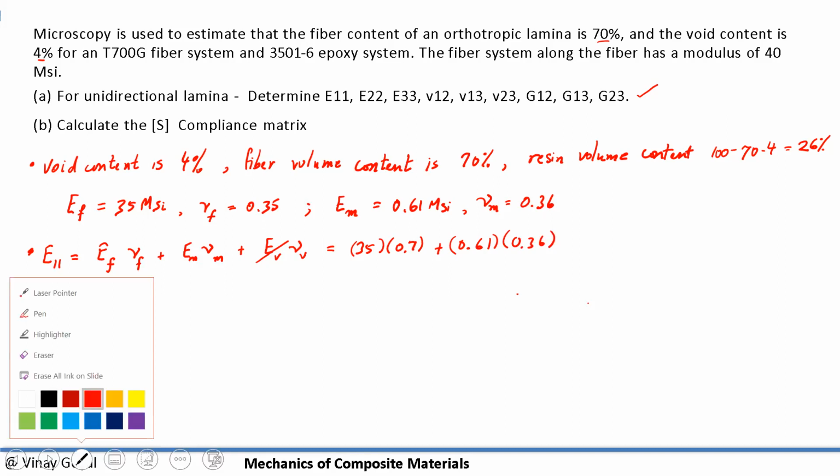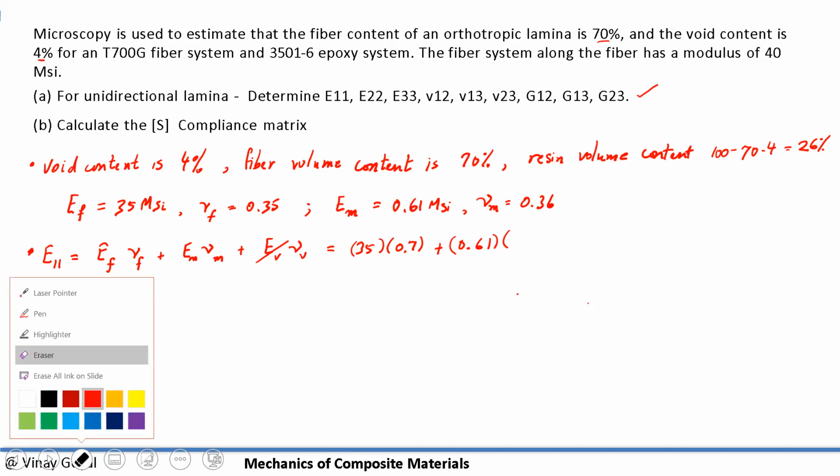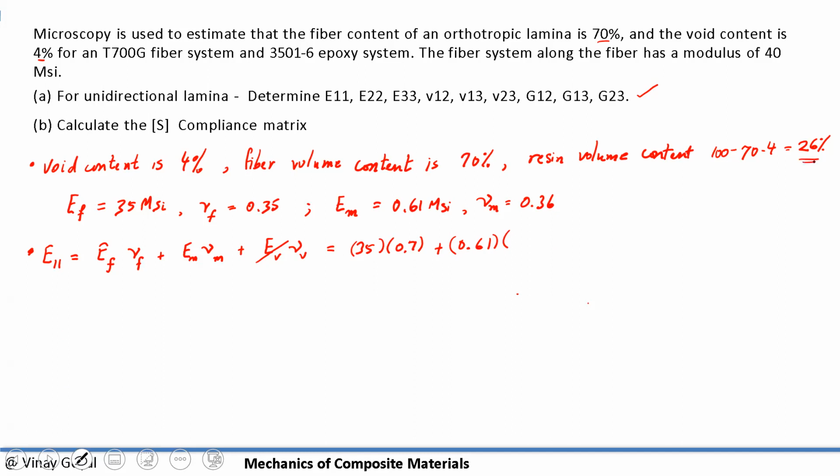I apologize, that's incorrect. The volume fraction of the matrix was found to be 26%. And then I'll just quickly calculate that in a calculator. I'm doing it quick. So 35.7 and 0.61 times 0.26. And I get 24.7 MSI for that one.